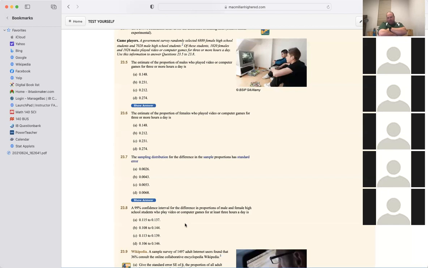Okay, but the way you did it is backwards, because you did the difference between females and males, not the difference between males and females. So your numbers are going to be negative. But if you ignore the negative sign, your number should be fine. In fact, what does everyone get for this one?